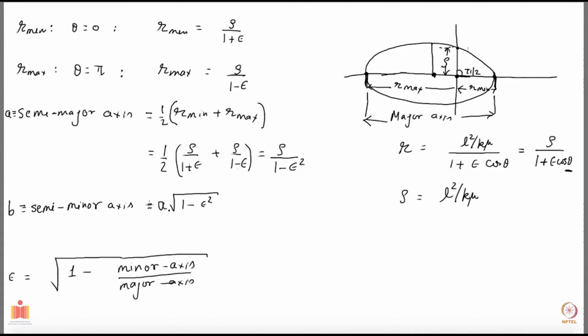Okay, so let me just write it down neatly here again. From here to there is A, and this is B, from here to there.